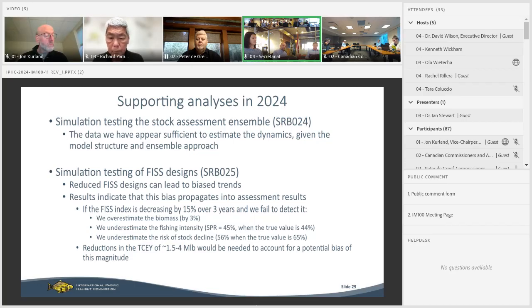So what this suggests is that if we end up with a biased result from the fishery independent setline survey, despite the fact that our fishery data would be unbiased, this might still propagate into the results of the stock assessment, and it could have some important implications for management decisions.